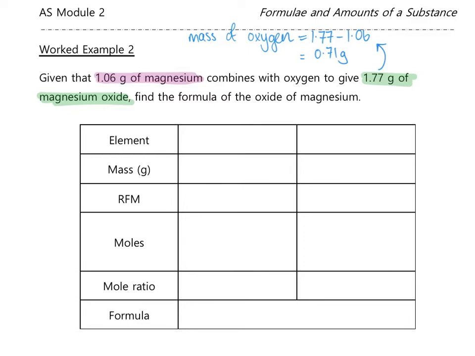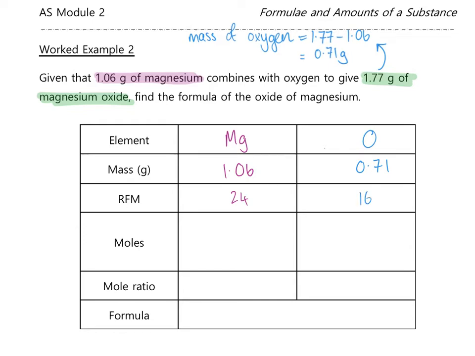So at this stage, we would then put our magnesium in ratio with our oxygen. The mass of each, we've just worked out: 1.06 grams of our magnesium and 0.71 grams of oxygen. The RFM of each, which is just going to be the relative atomic mass, is 24 for magnesium and 16 for oxygen.